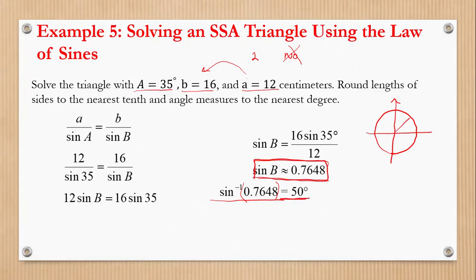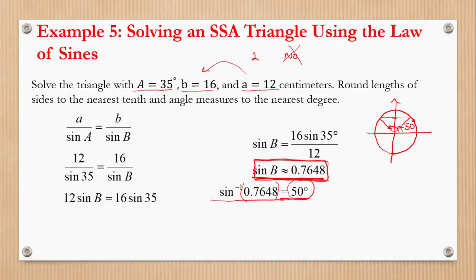And when the sine is positive, we always have two angles: one in the first quadrant, one in the second quadrant, because in these two quadrants the sine is positive. So when sine B is a positive number, you can find an answer in the first quadrant, which you got from the calculator, 50 degrees, and you may also have an angle for B in the second quadrant.